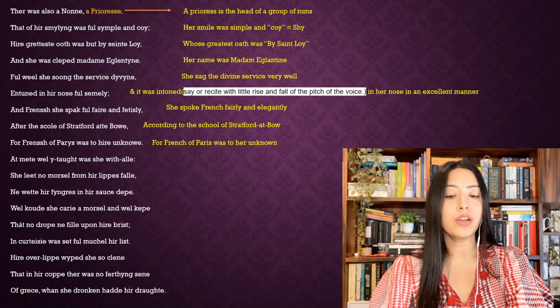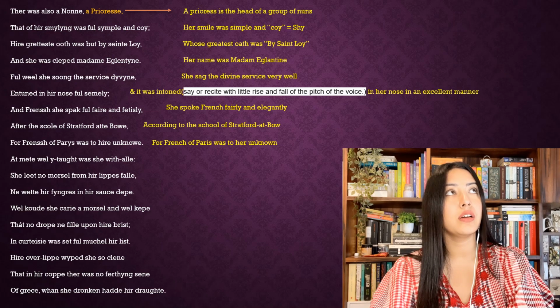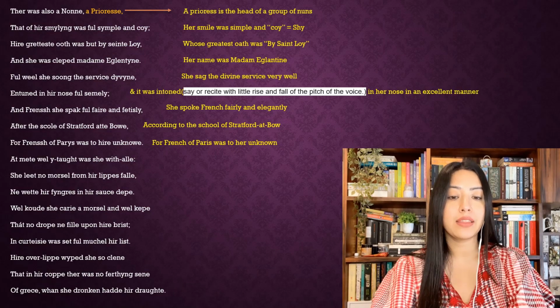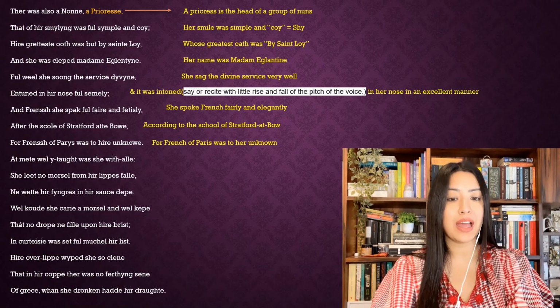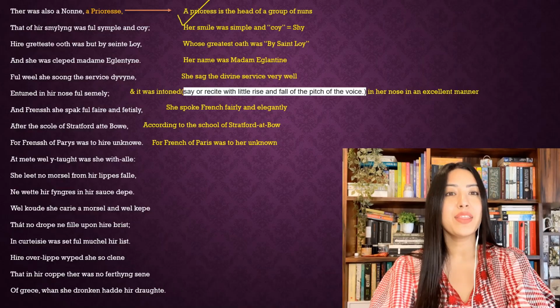It's because he wanted to expose the corruption that existed in the church leadership. Within the church, there was a lot of corruption that was happening at the time, and he uses satire and irony to expose all of that through various characters, and one of them is the nun, the prioress.